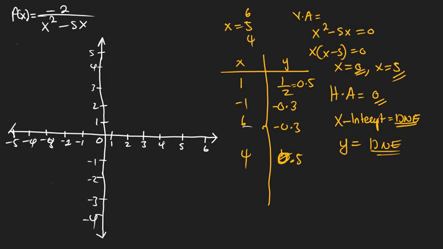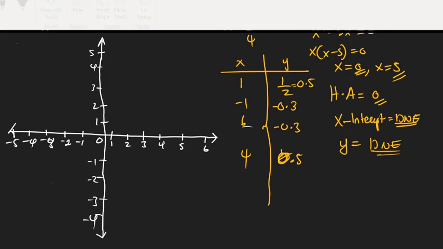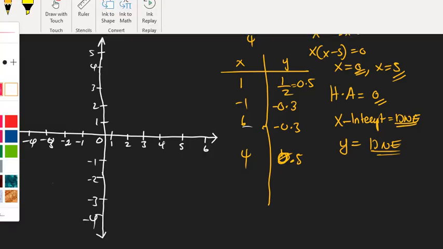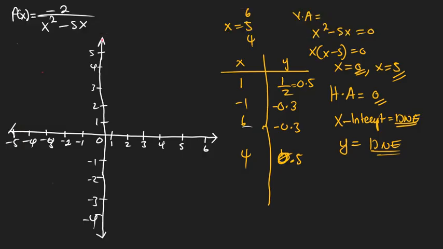Vertical asymptotes. What did we get? We got 0. So let me plot my vertical asymptotes first. 1 is at 0. The other one is at 5.